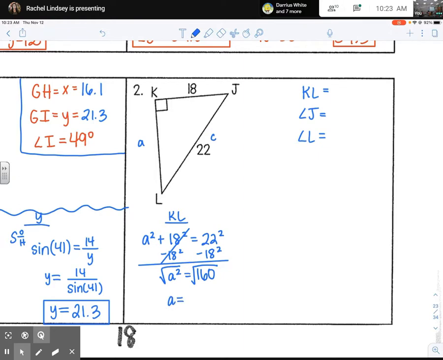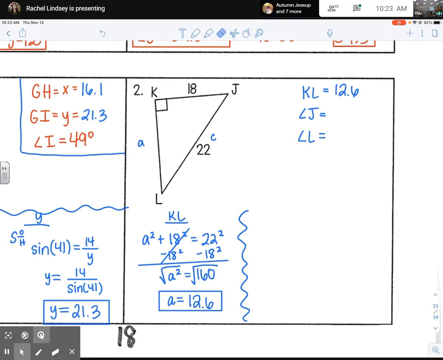And what would A equal? 12.6. So KL is 12.6. Now I have that side.